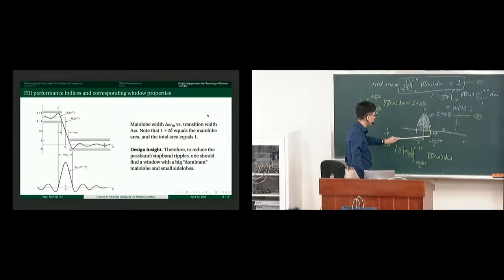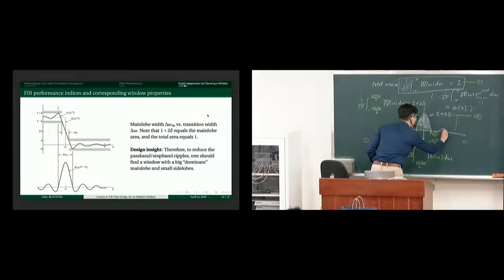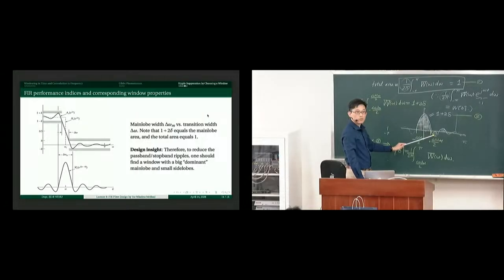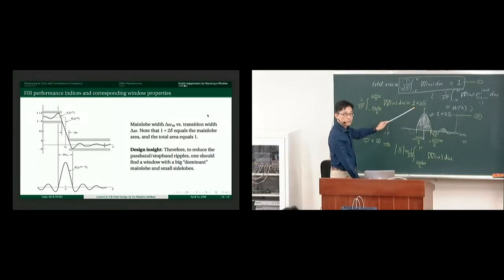Therefore, if we integrate from here all the way to pi, is this integral going to be negative or positive? It's negative, and its absolute value is delta, because 1 plus that equals 1 plus 2 delta. That's as simple as that.